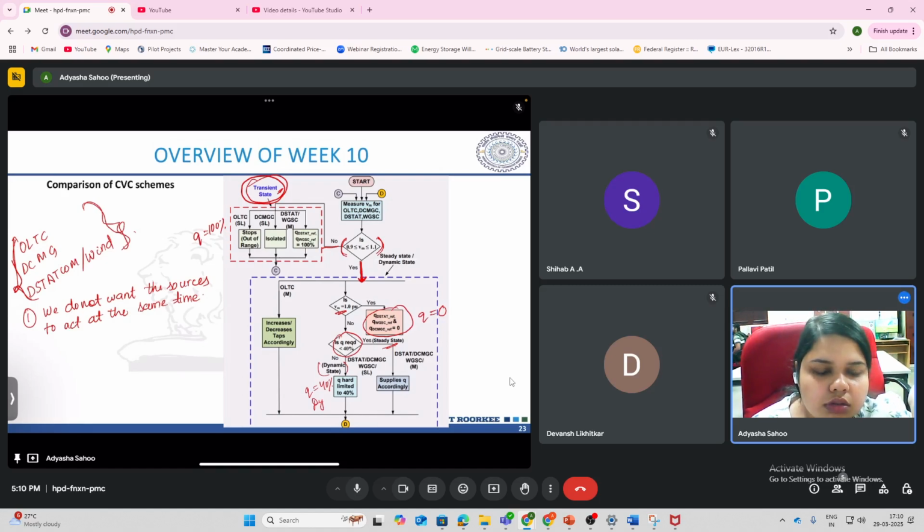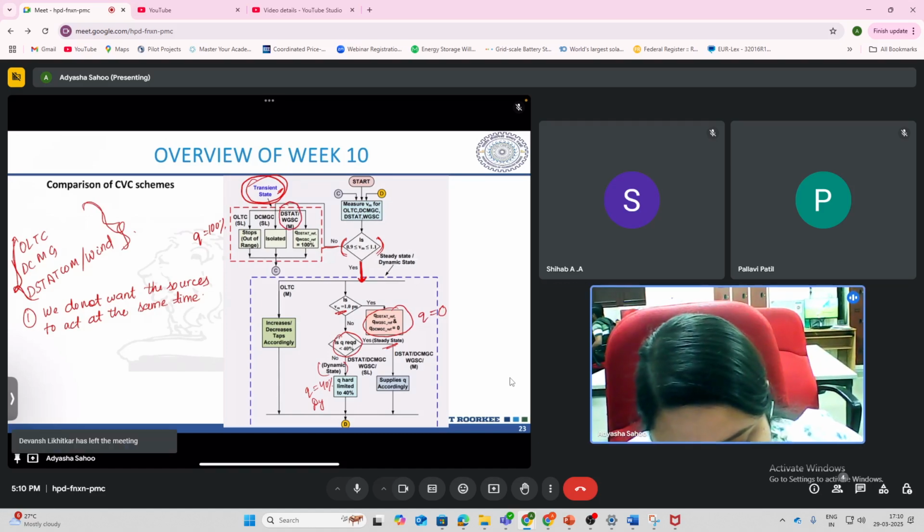If you want to improve your voltage in a short period, instantaneously, which resources are helpful, dynamic or static? Dynamic resources can improve the voltage instantaneously. They can also be activated in a very small amount of time. So among these, wind and D-STATCOM are the dynamic resources, and hence act as the master.